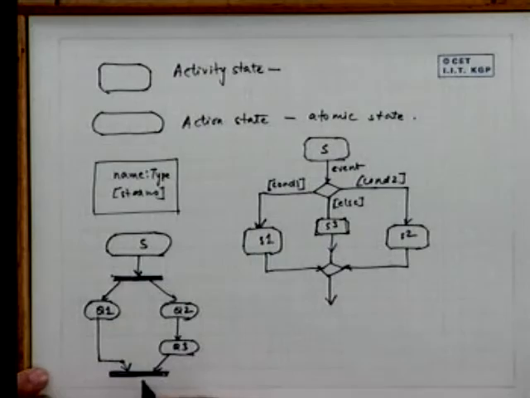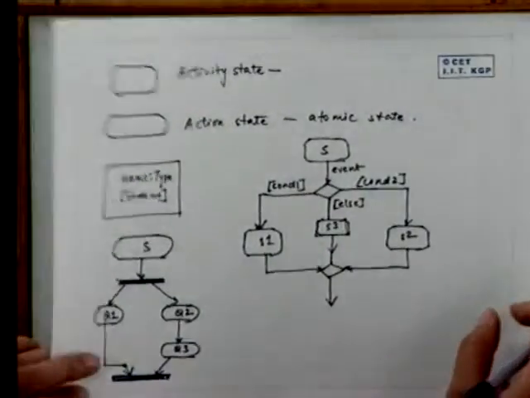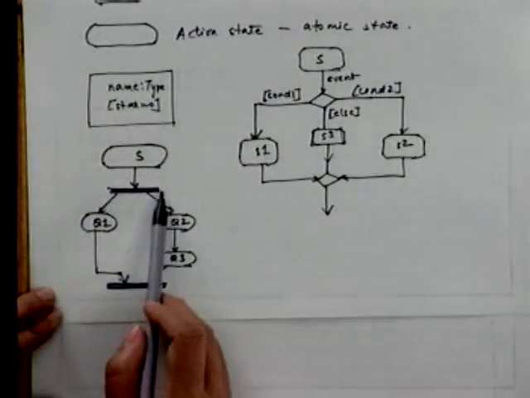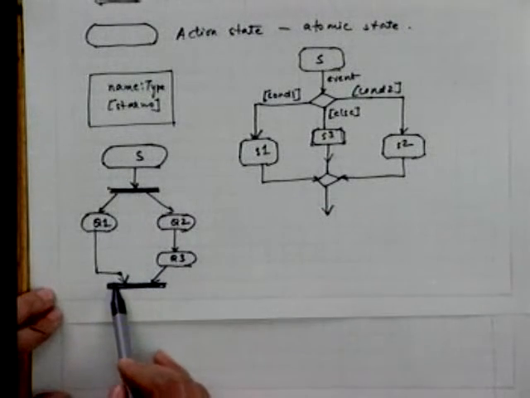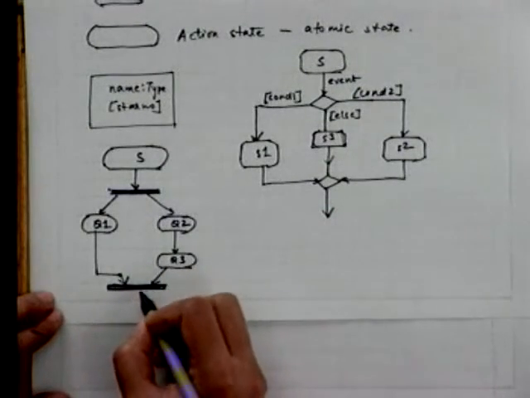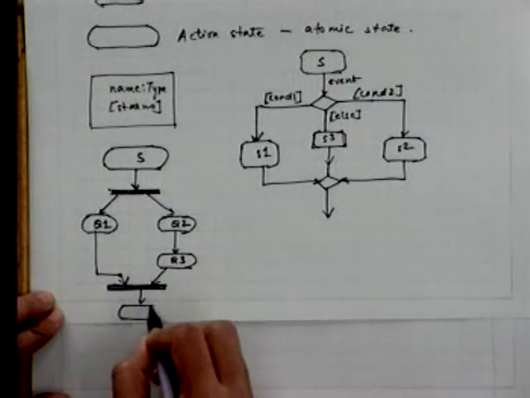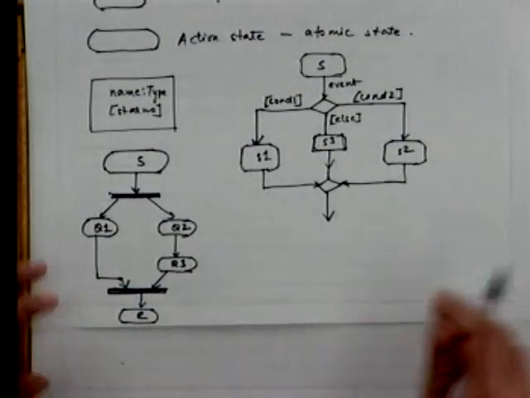And a matching line shows a join. So this thick line denotes a fork, this thick line denotes a join, and then the system may continue execution.